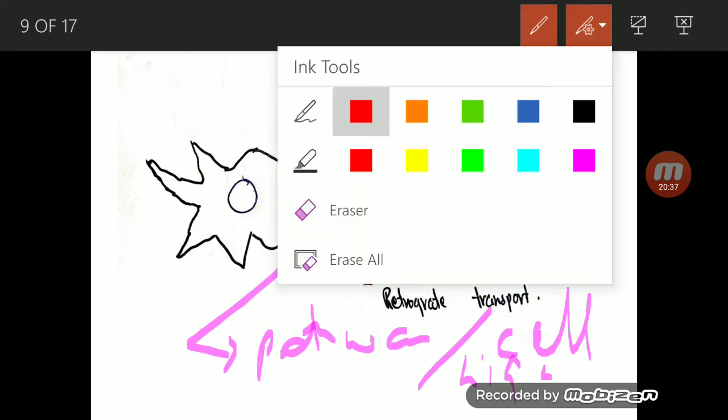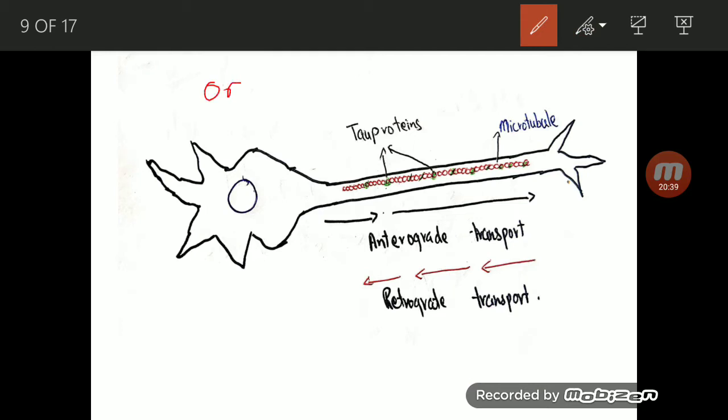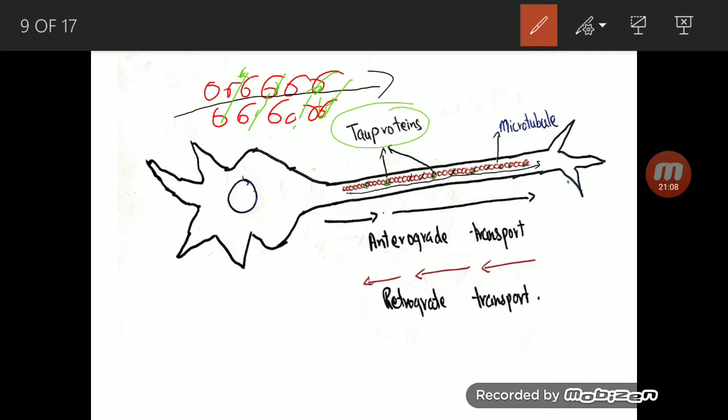The microtubules come together and form a highway, and through this highway signals can be transferred. Generally the microtubules which have come together are held together by a protein, which is known as tau protein.